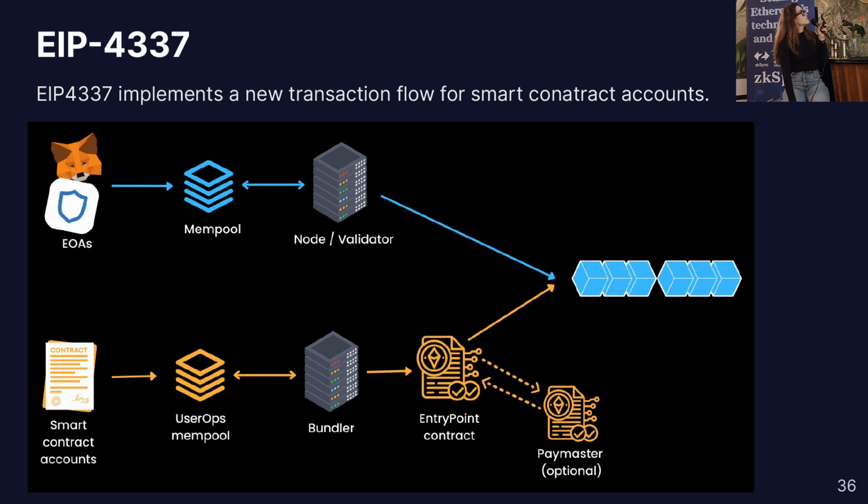There is the user ops mempool, which collects all of the user operations in one place, and then the bundlers collect the user operations and push them to the actual on-chain changes. The paymaster is not an enabled feature for externally owned accounts. It is only for smart contract accounts when it comes to this EIP.